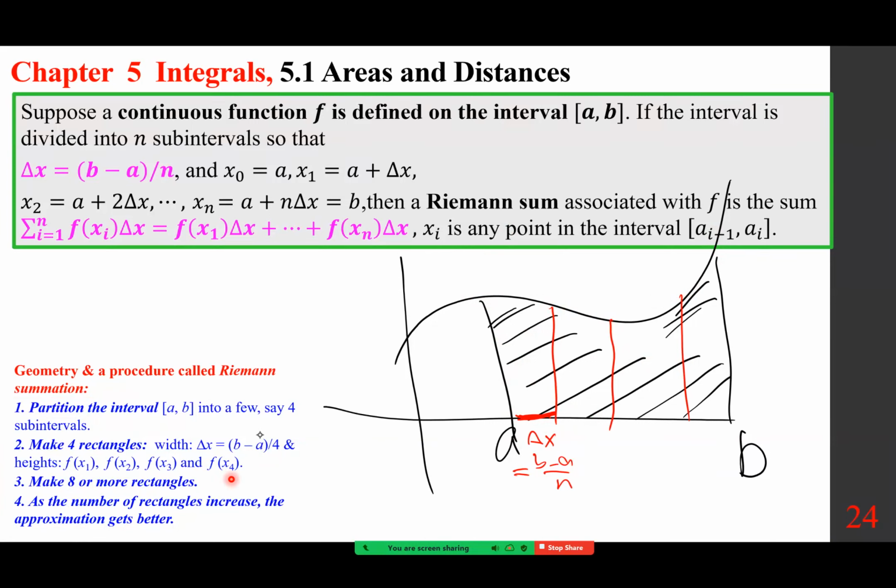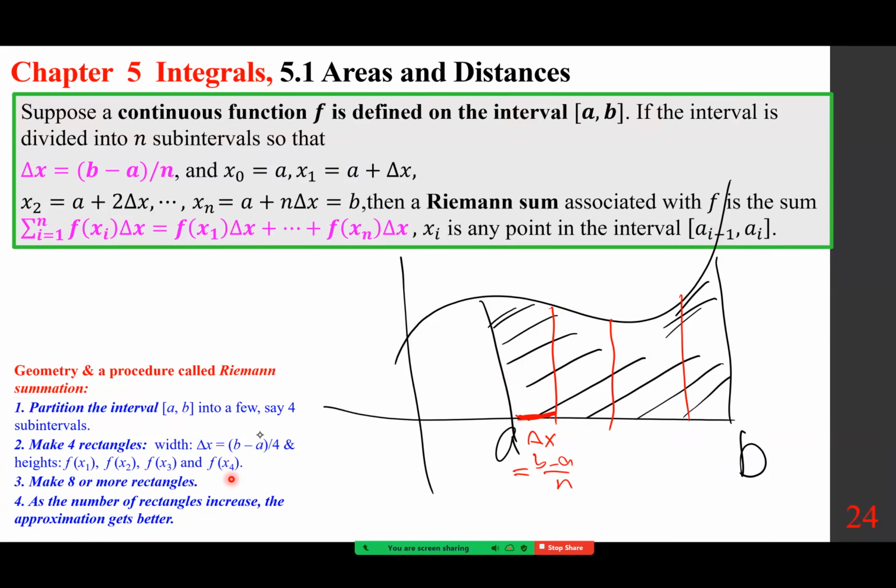We want to look at the following: the left endpoints, the right endpoints, the midpoints. Here are the formulas, and when we look at an example, I'll show you an easy way rather than memorizing this.